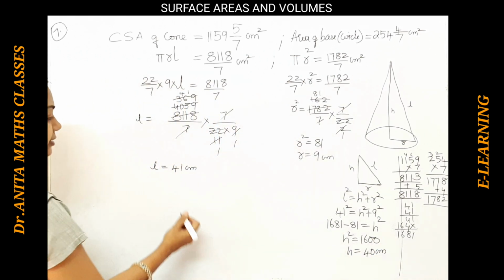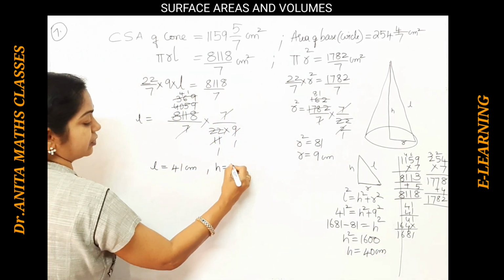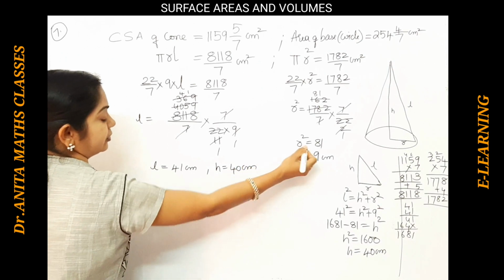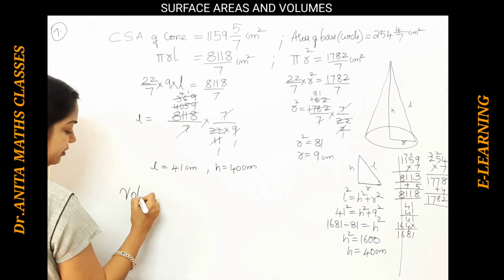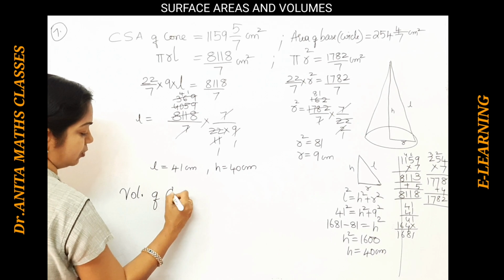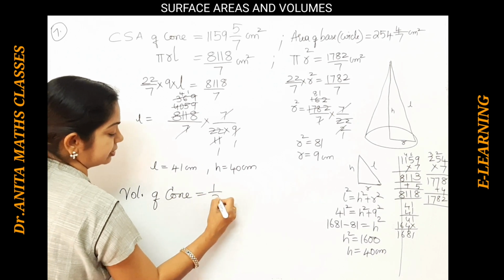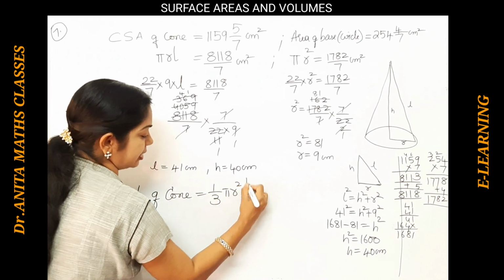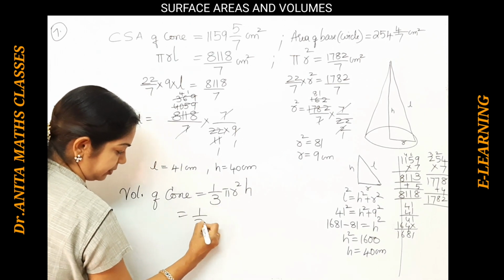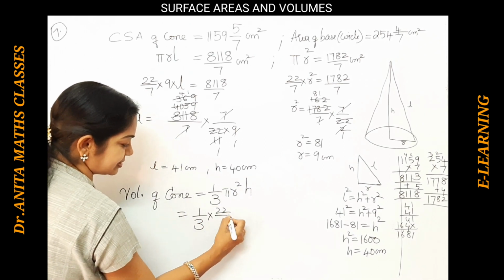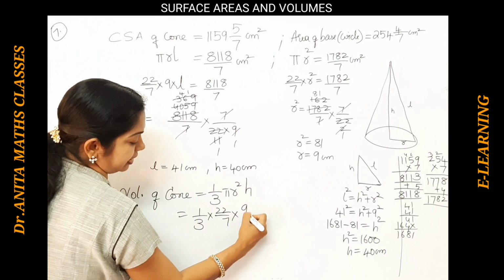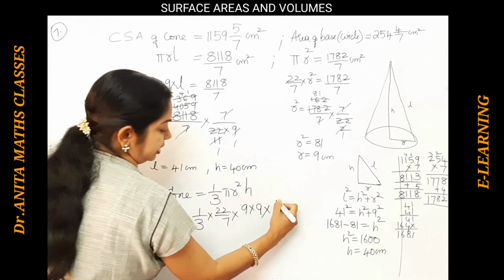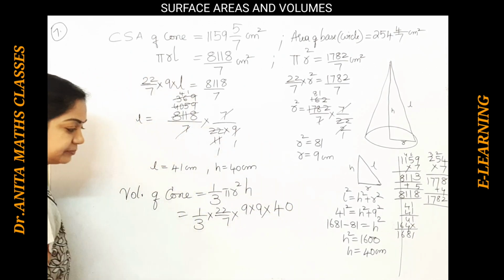Right, here we got the h value as 40. Now we will find the volume of the cone, which is equal to 1/3 pi r square h. Here directly applying 1/3, 22 by 7, where r is 9, 9 into 9 into h is 40. Right.